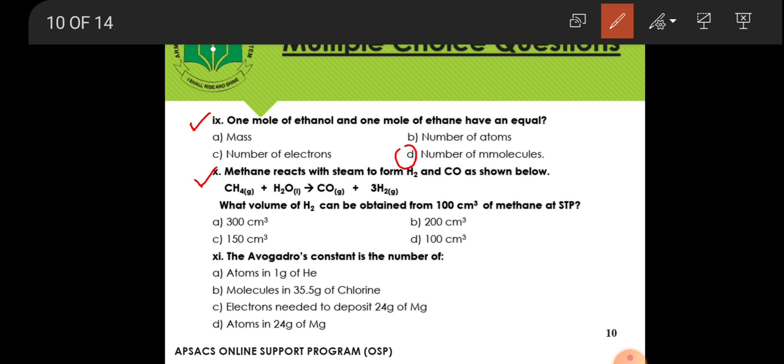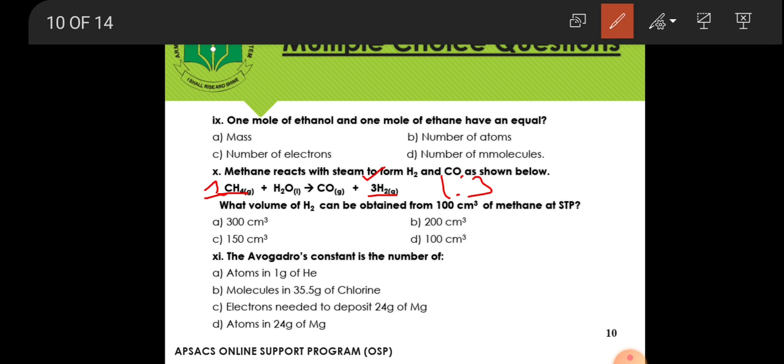Yes, friends, question number 10. Methane reacts with steam to produce carbon monoxide and hydrogen. What volume of hydrogen, we have to calculate the volume of hydrogen, can be obtained from 100 centimeter cube of methane. Students, methane and hydrogen is present in the ratio of 1:3.